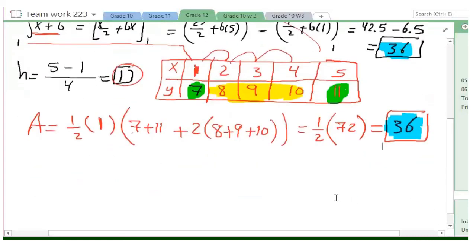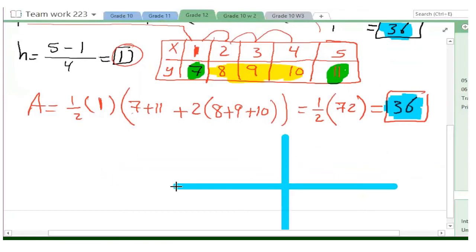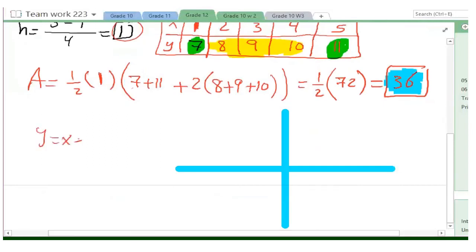To add more for you, if you wanted to graph this function, we all know that y is equal to x plus 6. So it's a straight line, passes through the point 6 on the y-axis, with a positive slope, and the slope is 1.